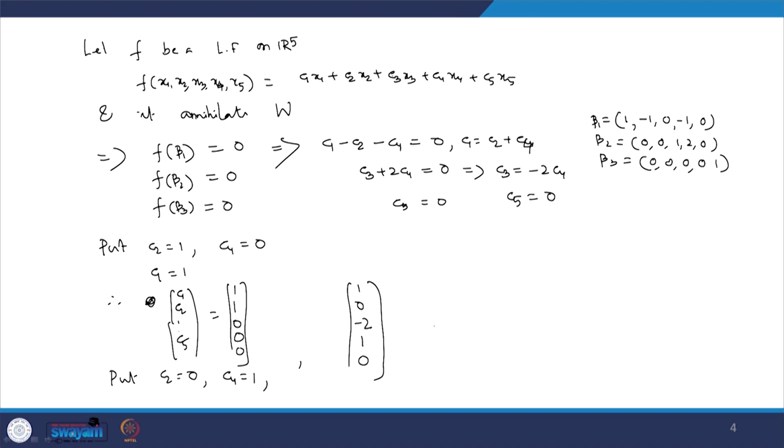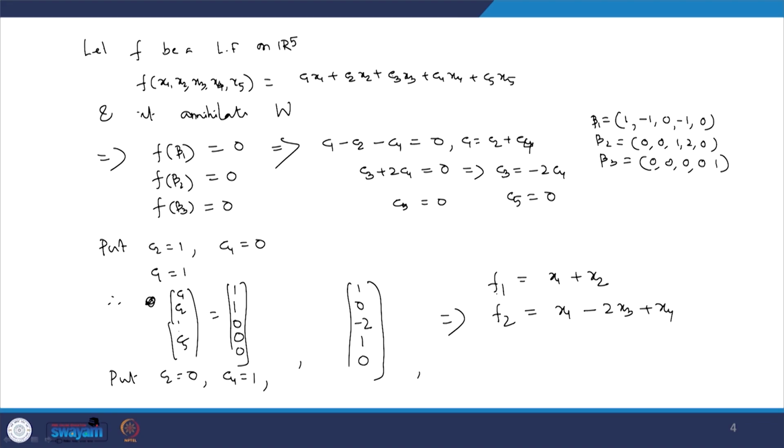So this implies that I have two linear functionals: f1 is equal to x1 plus x2, and f2 is equal to x1 minus 2 x3 plus x4. These are linear functionals which will annihilate W.